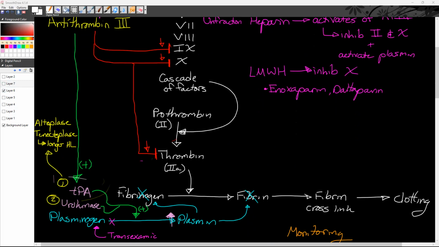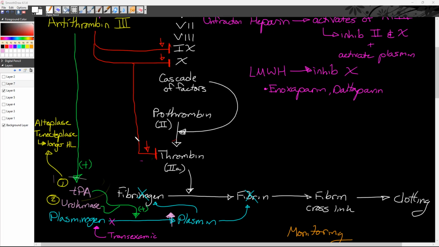It doesn't work anywhere else but fibrinogen. On plasminogen, down here, not fibrinogen. Yes, so aminocaproic acid and tranexamic acid both work on plasminogen, and the goal there is to increase clotting in a way.